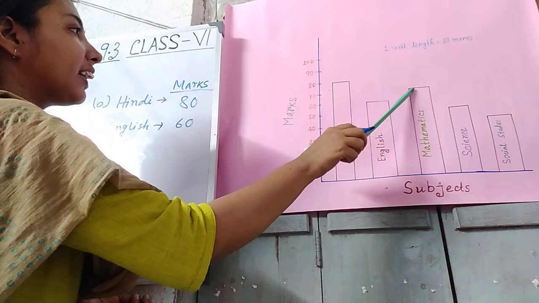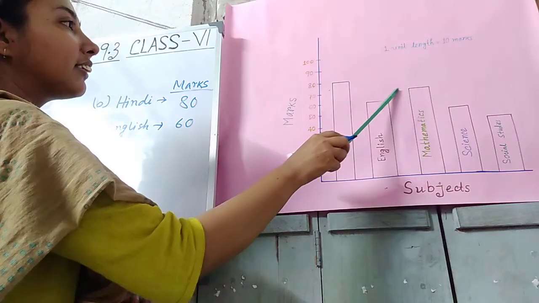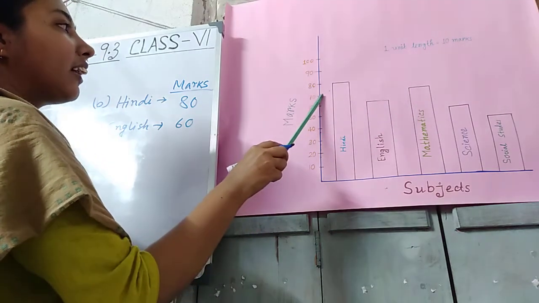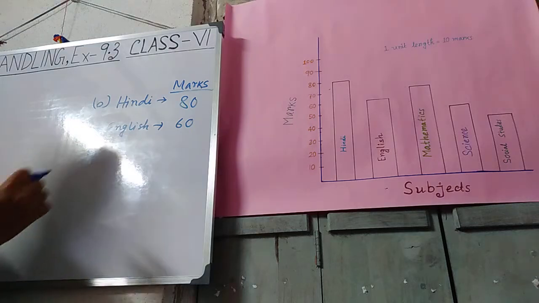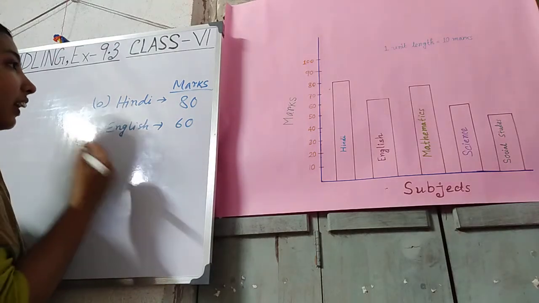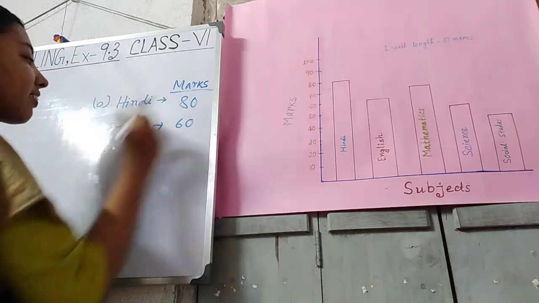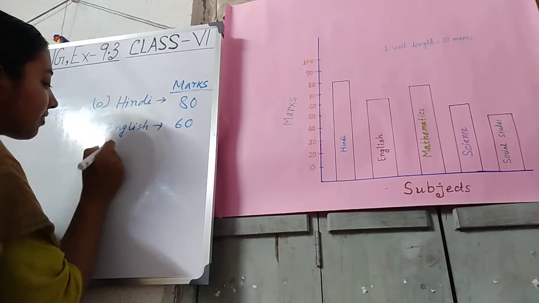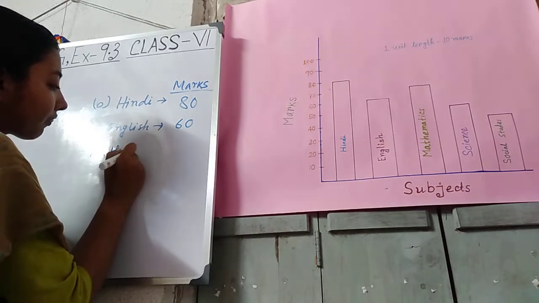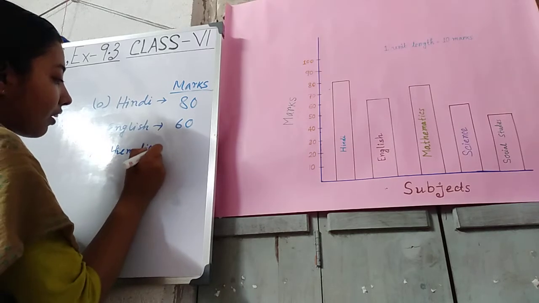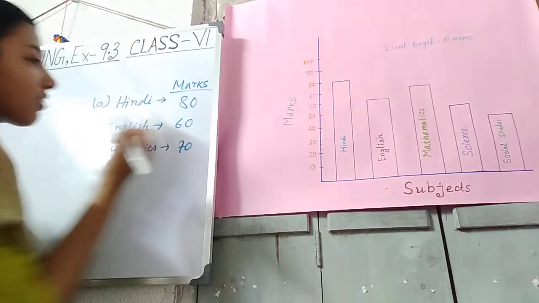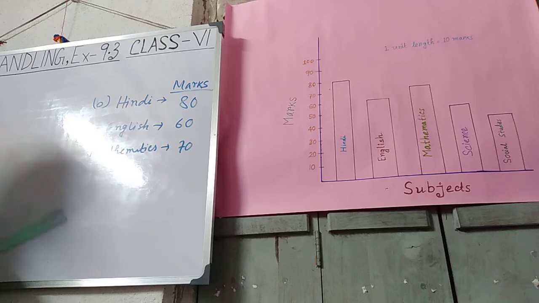From bar graph we can easily say that in mathematics marks of Aziz scored in mathematics is 70. So in mathematics score will be 70.